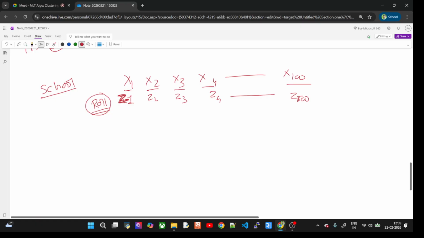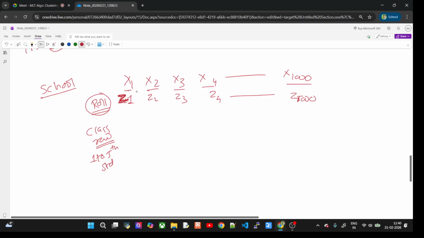You know that you have a school from 1st to 5th standard only. Maybe there are 1000 students with 1000 roll numbers, z1 till z1000.